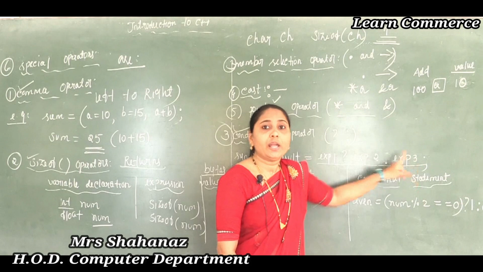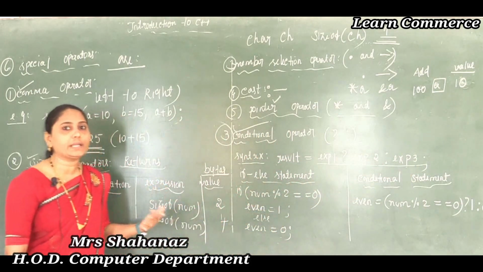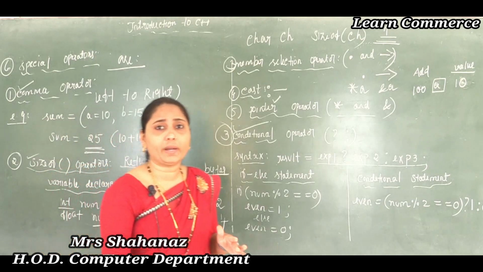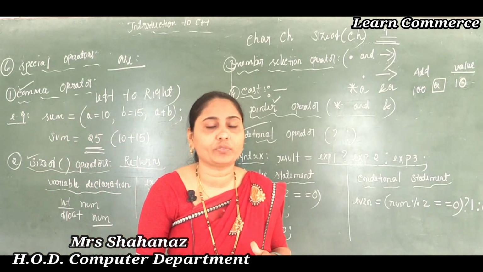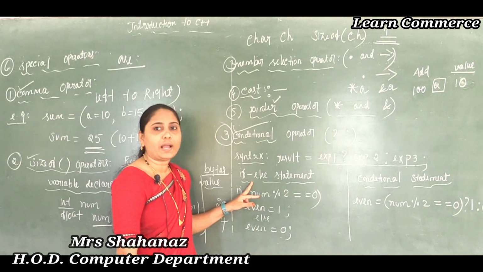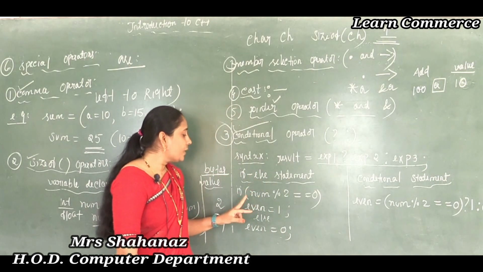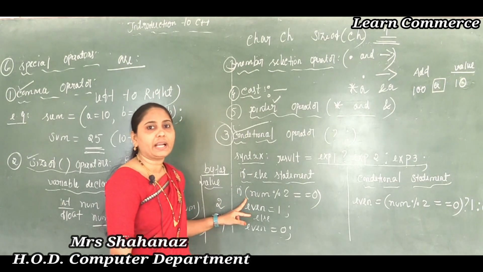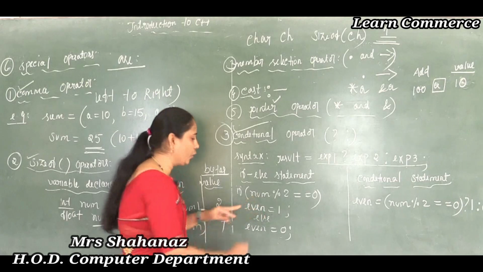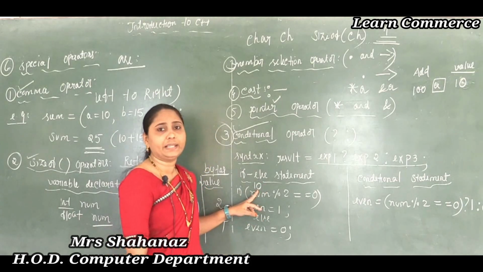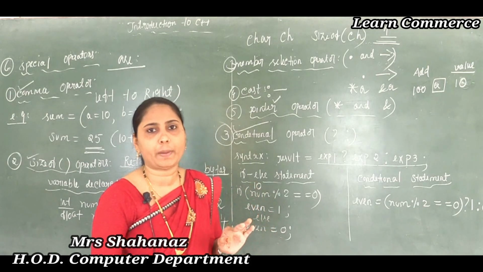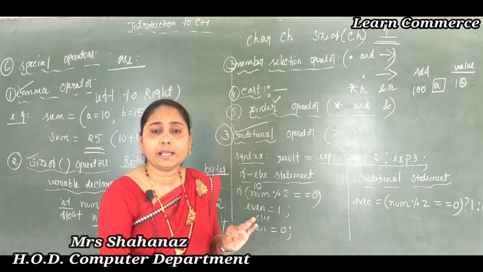Clear this point here? Now let's see an example, as I already said in this explanation: the ternary operator acts like a shorthand version of the if else construct. First of all I am going to check the condition. If num value, maybe any value, here for the num variable I am providing the value 10.